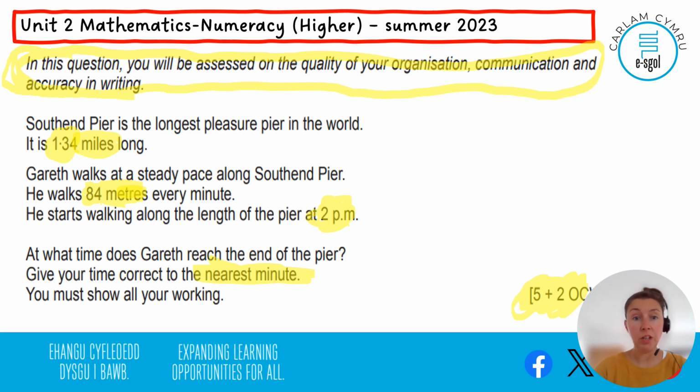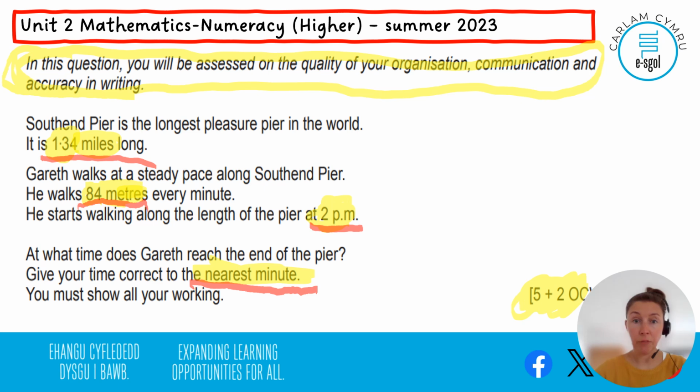So what we need to do here is take into account the distance and the fact that he walks 84 meters every minute. Start time. So we obviously need to find out what the end time is, and we then need to write it to the nearest minute.